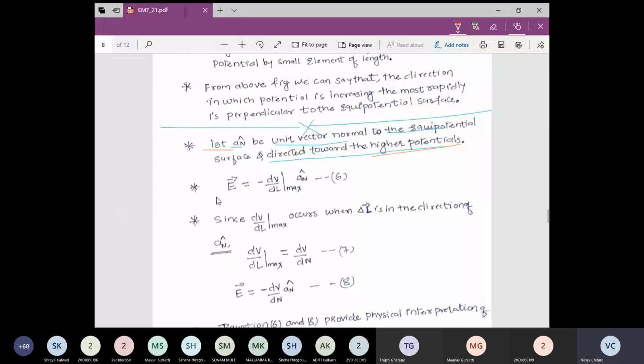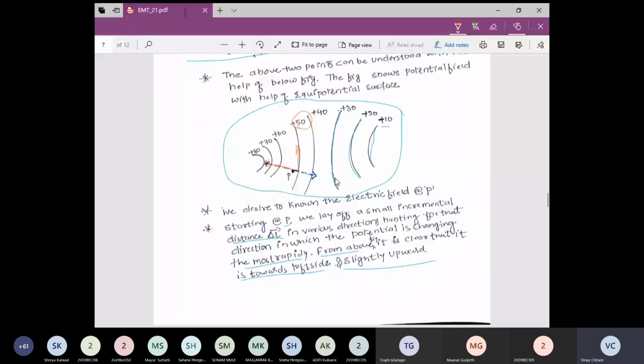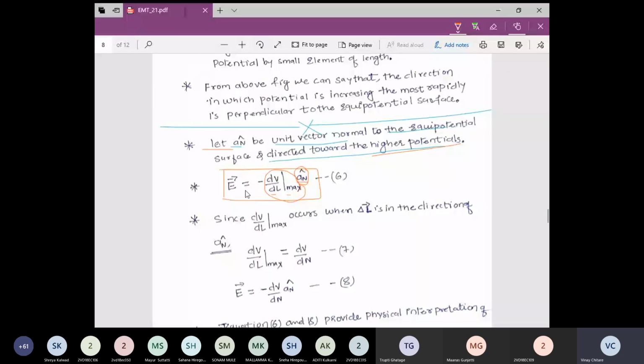So if that is known to us, now I can write E equal to minus dV by dL maximum, times a_n hat, with a minus sign. So this gives us the magnitude, and we know that a_n hat is pointing towards the increasing direction of the potential. Minus a_n hat will point exactly opposite to the increasing potential, and minus a_n hat will be the direction of the electric field.